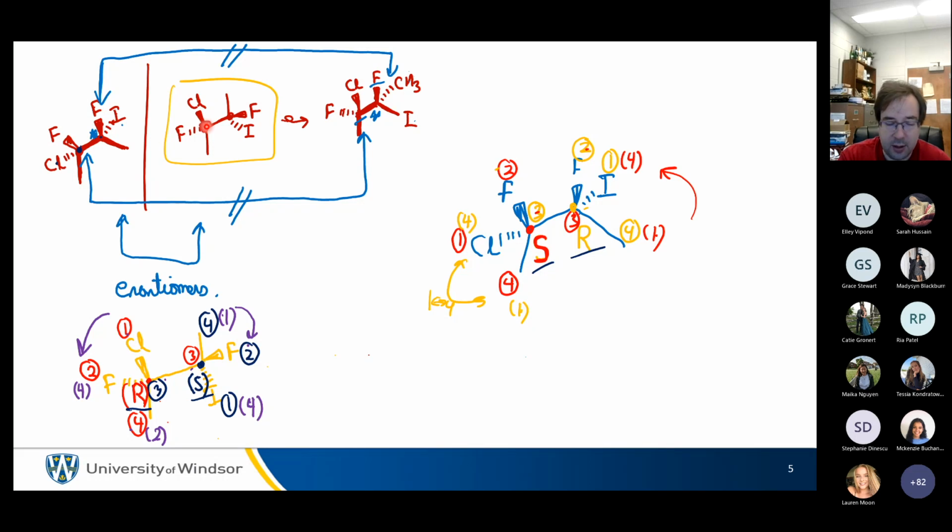And I can't do that because this one has an iodine on it, this one has a chlorine on it, and iodine and chlorine are not the same thing. If this was a chlorine, then I'd have to be looking at that because it would all be the same thing. But if these two stereocenters are not attached to all the same things, it can't be achiral.